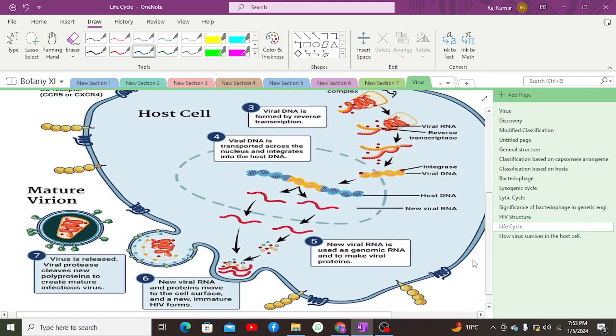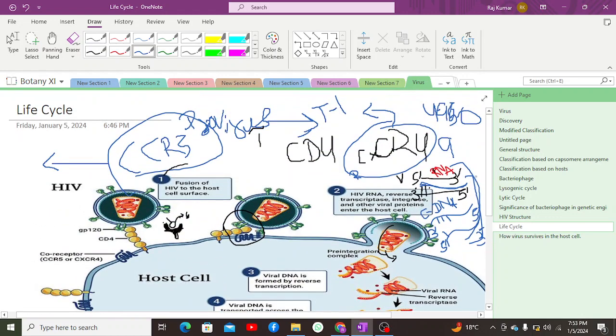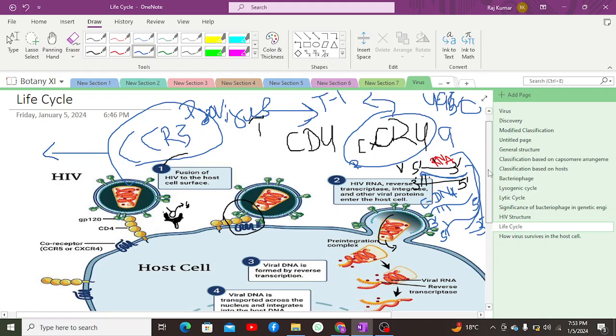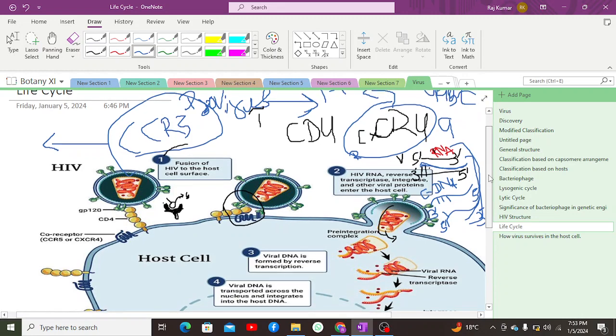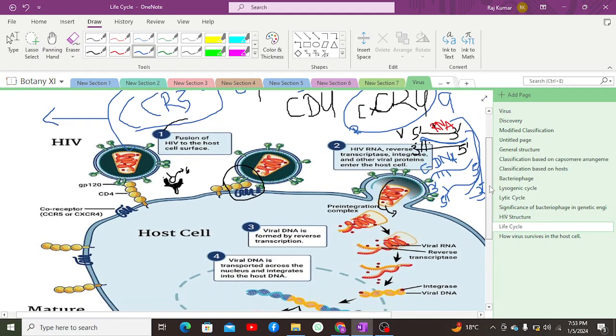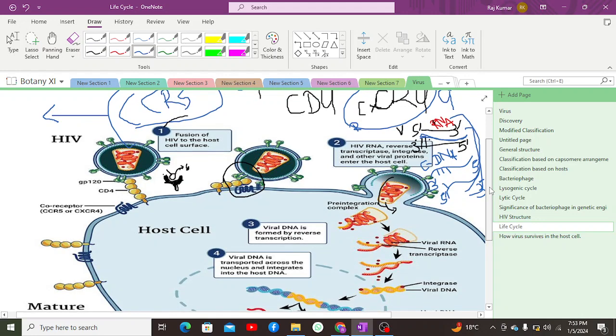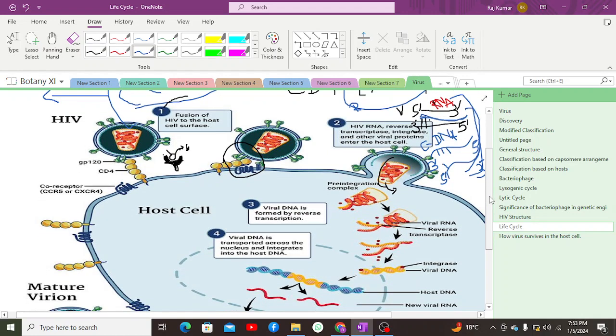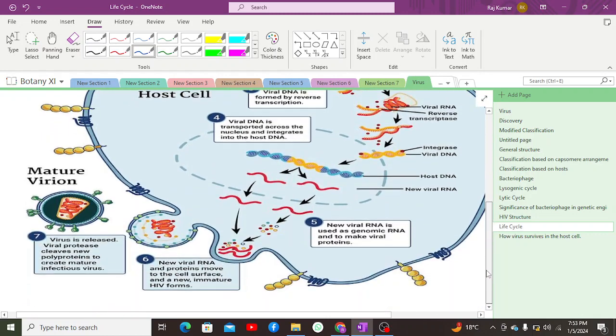Moreover, there is some replication initially when the HIV virus enters the cell, but it shows no symptoms because the symptoms are being combated by the antibodies present within our body, due to which the body is unable to treat it by itself.